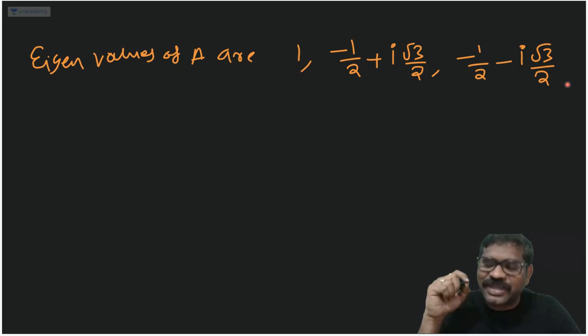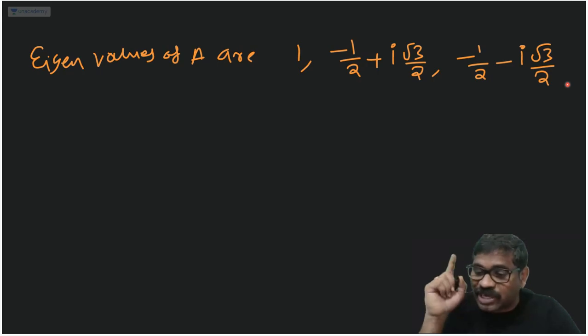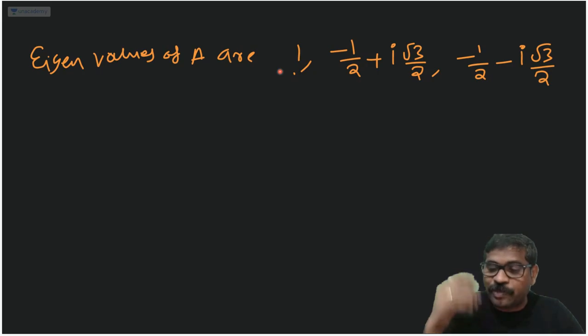That's why we have to calculate 1 power 102, minus 1 by 2 plus i root 3 by 2 whole power 102. 1 power 102 is 1. But minus 1 by 2 plus i root 3 by 2 whole power 102 is in the form of a plus ib whole power 102.